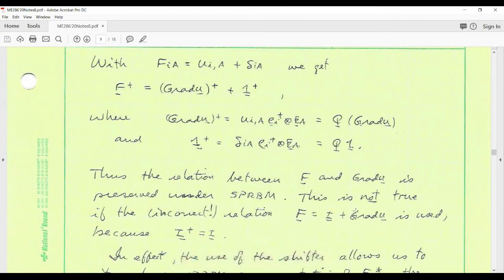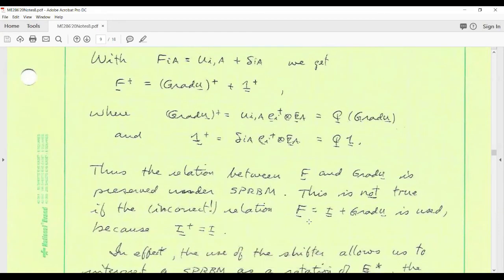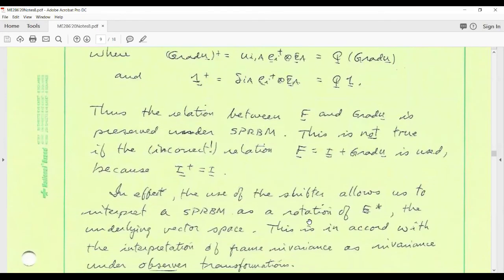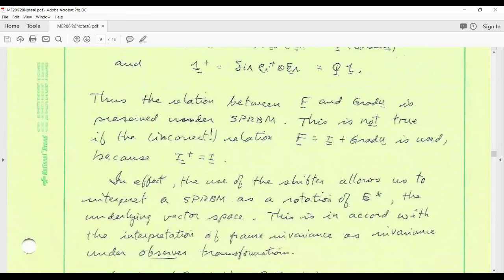And that would lead you to conclude, what must grad U be after superposed rigid body motion in order to preserve the notion that F plus is QF, and it gives you a complicated formula. But it didn't make sense in the first place, and just an inspection of this formula indicates that it can't be right, because grad U then would be the difference between a two-point tensor and a purely referential tensor, and there's no such thing. You're not allowed to make that subtraction.